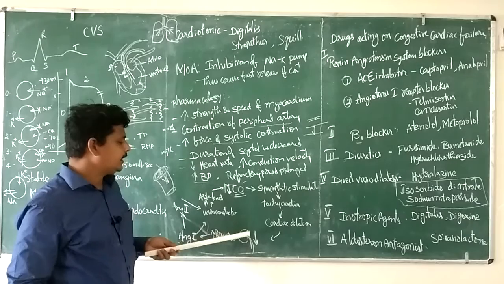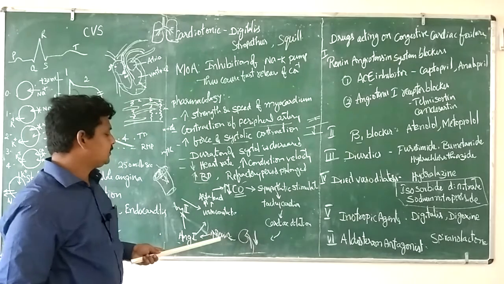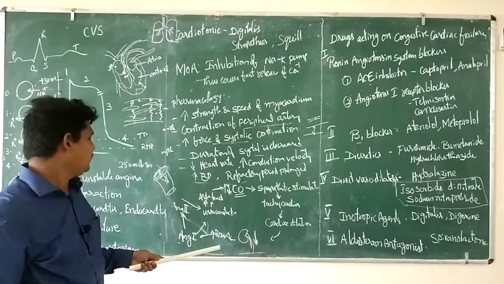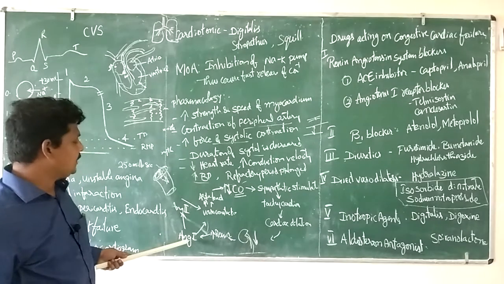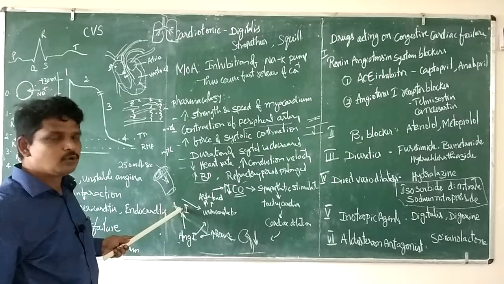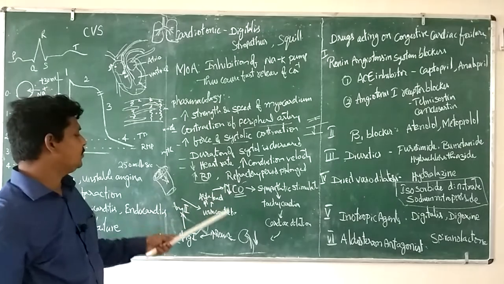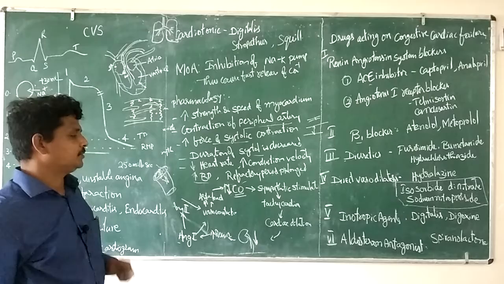When decreased blood supply is seen in the kidney, it obviously releases renin. This renin is converted to angiotensin 1 and angiotensin 2, which are powerful vasoconstrictors. So obviously the cardiac output is going to be enhanced because of this function.